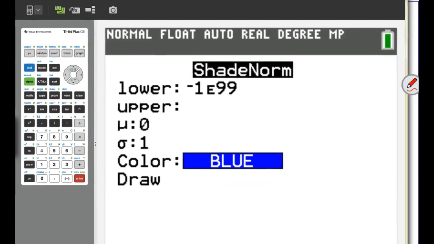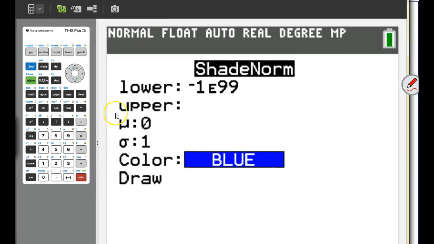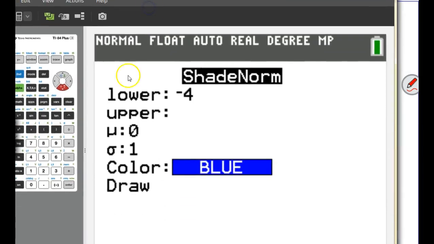Fewer than 110. So I want to know from -4, if you're using Z-scores, you could just put a -4 there, wouldn't matter. Up to, and then what Z-score did we get? 0.42.